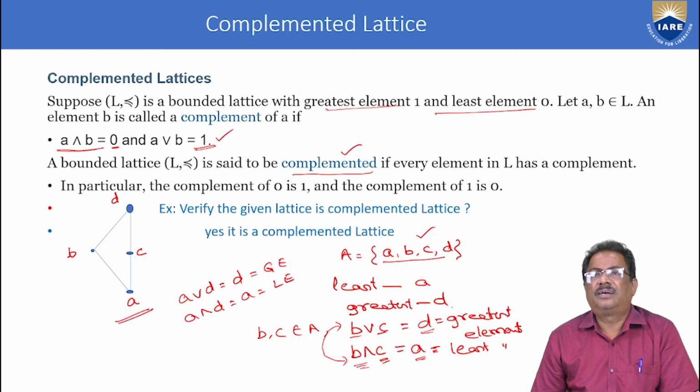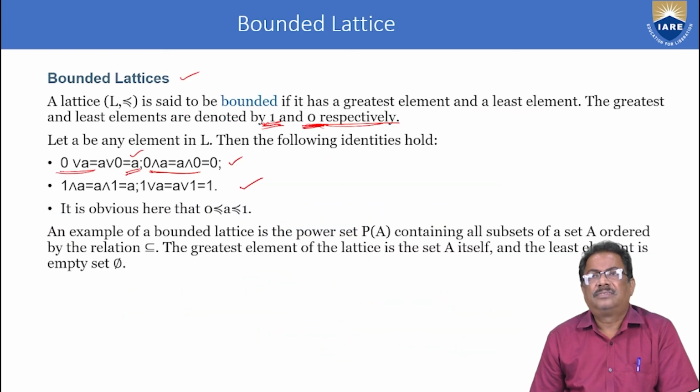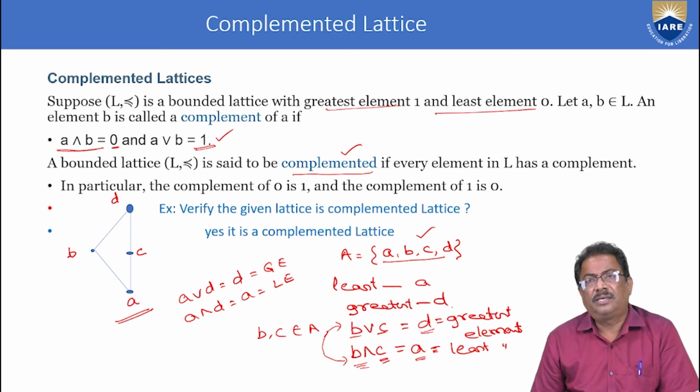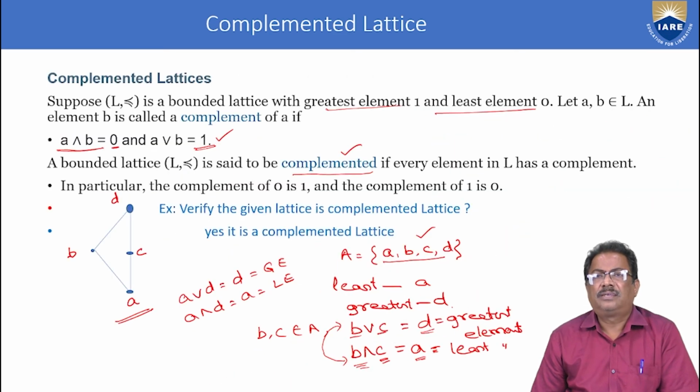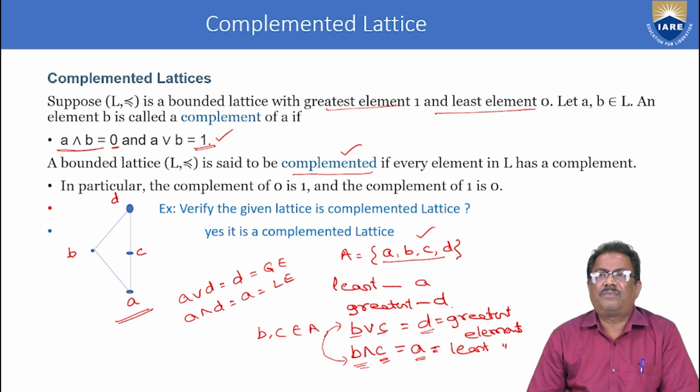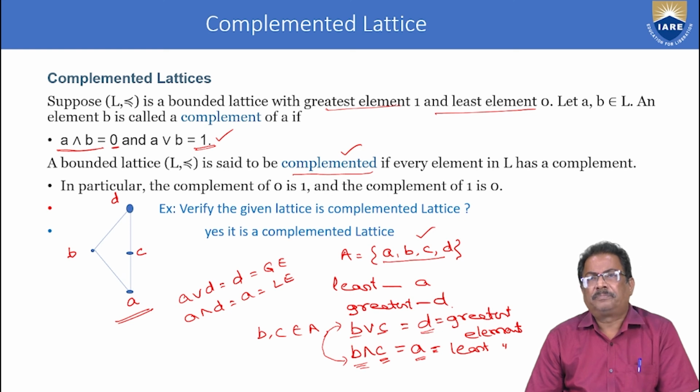One is a bounded lattice and another one is a complemented lattice. For a complemented lattice, I am just taking, in general, a bounded lattice which has a least element and a greatest element, and then any two elements I am going to consider.